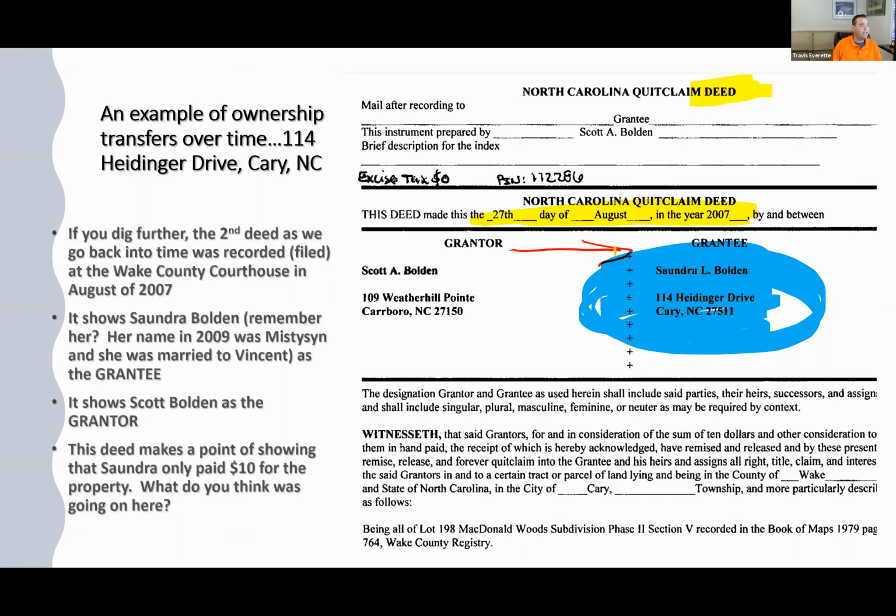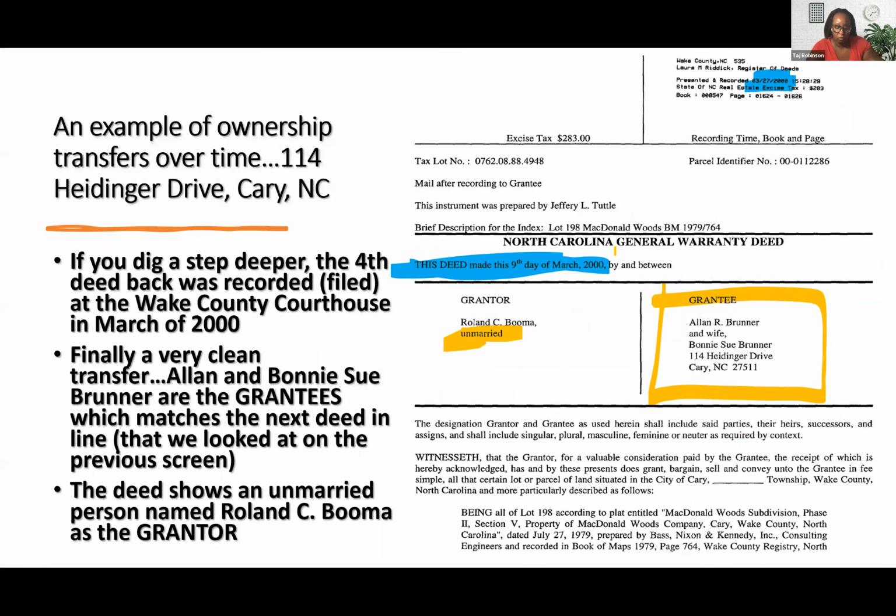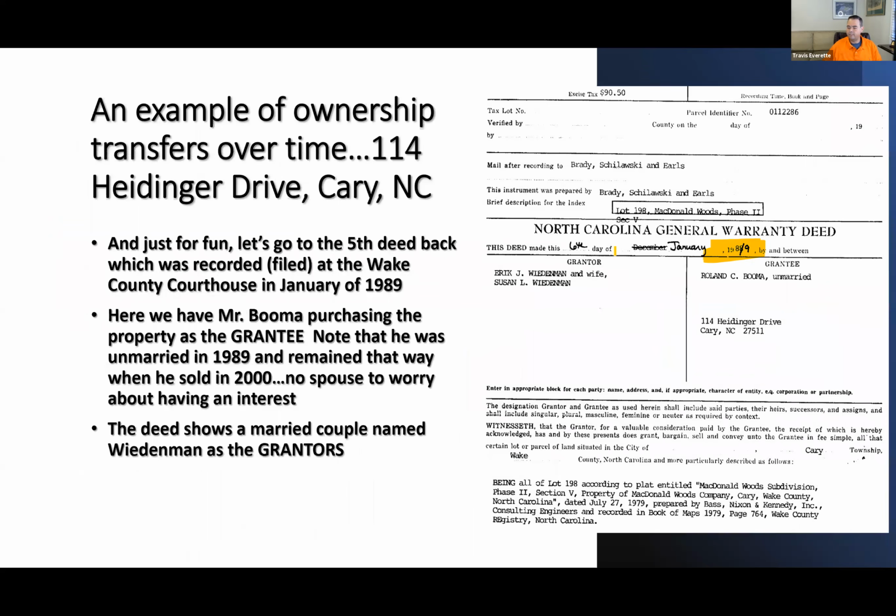Because you don't see anything at all on a deed about covenants, right? Even if you go back to the deed before that, do you see anything about restrictions or covenants? No. Even if you go back to the one before that, you don't see anything about restrictions or covenants.